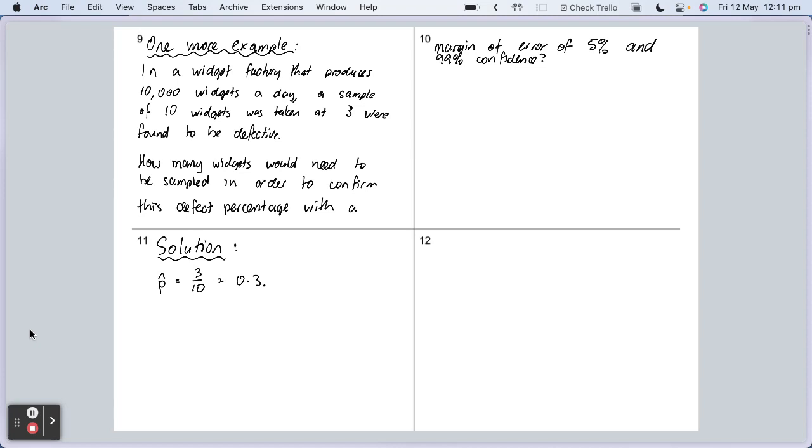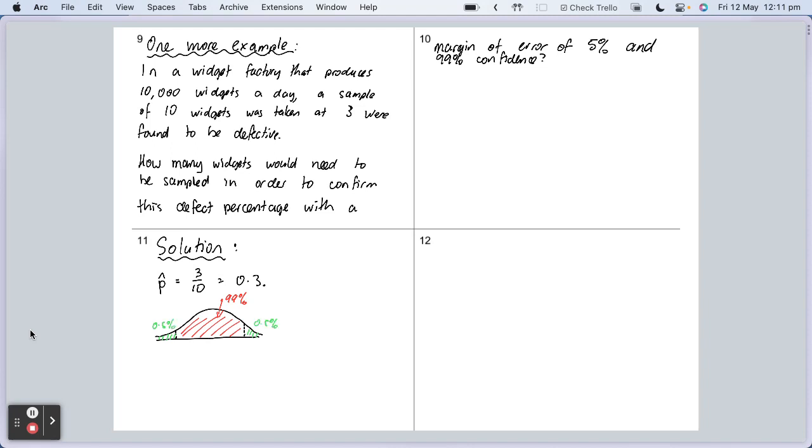We know the confidence level is 99%, and so we can draw our little standard normal and put in our edges here, and this is our 99%. Remember that means it's the middle 99%. And since it's symmetrical, the tails are 0.5% each.